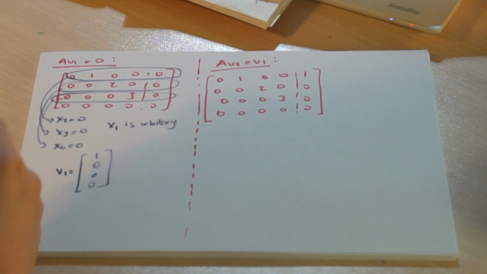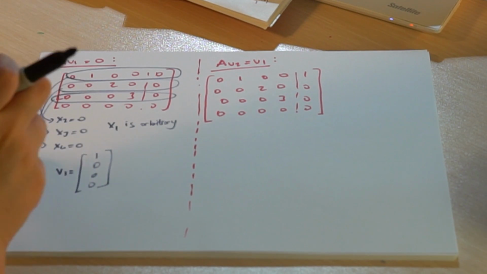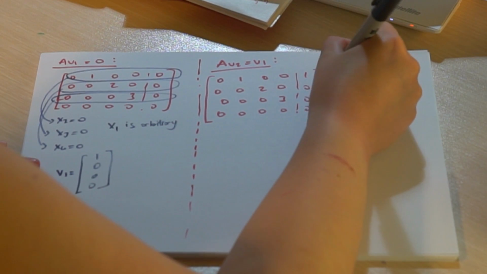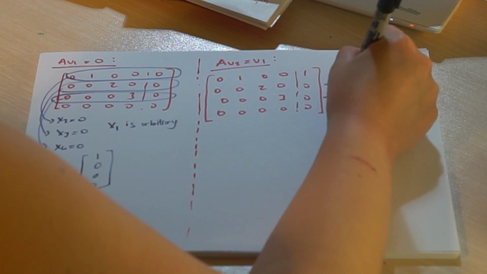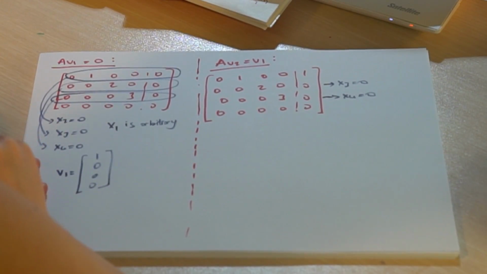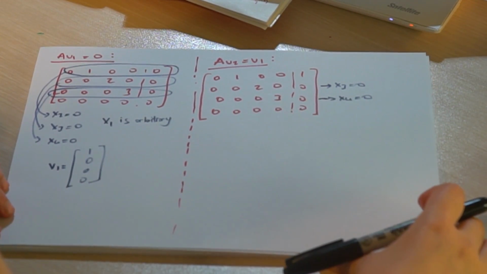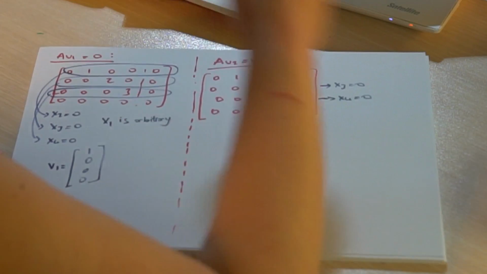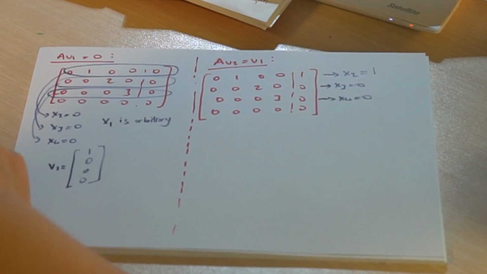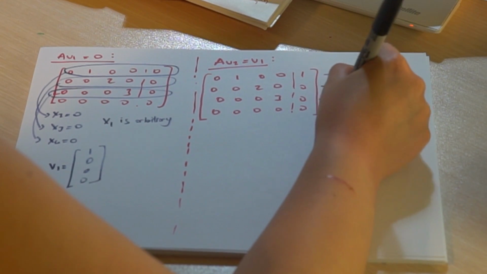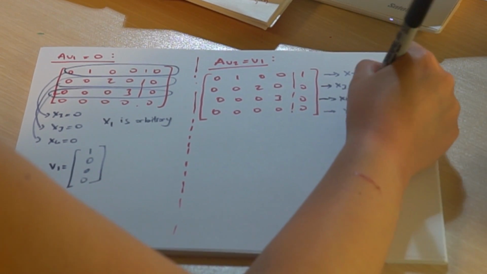From here, we can see that x3 is equal to 0, again x4 is equal to 0, and here we can see that x2 is equal to 1, and again x1 is arbitrary.